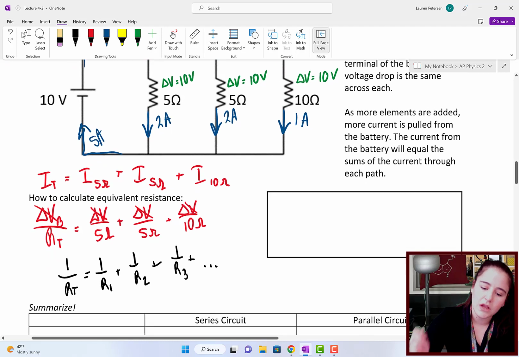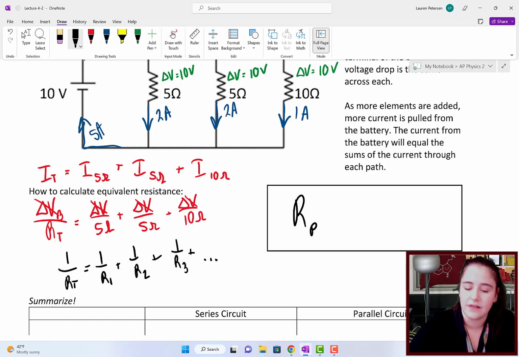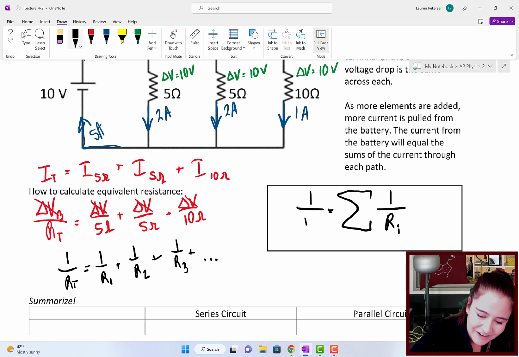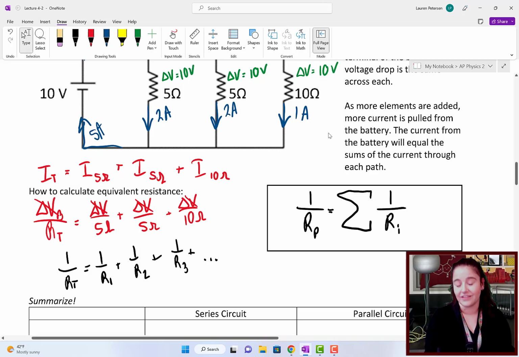So on your equation sheet, that's represented as 1 over the equivalent resistance in parallel equals the sum of 1 over the individual resistors.